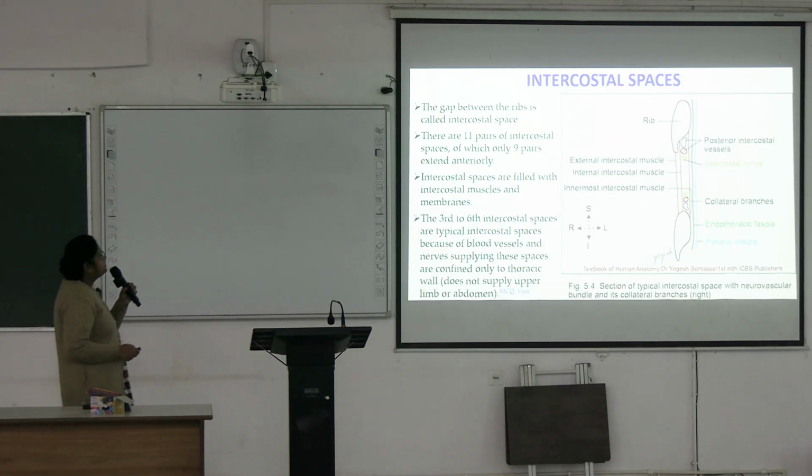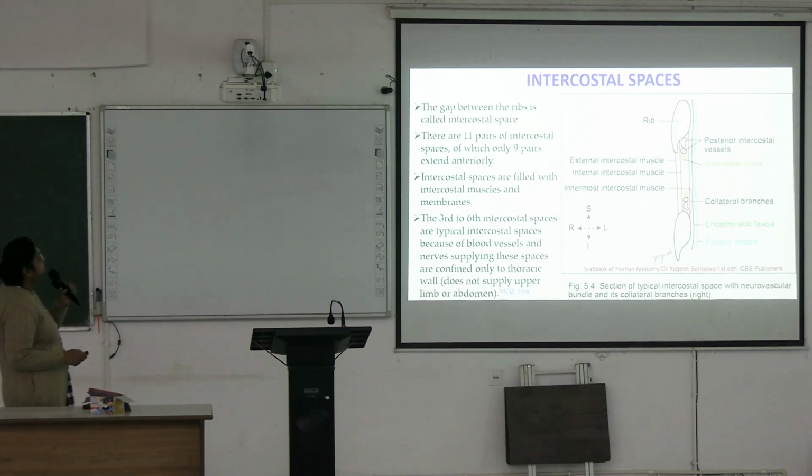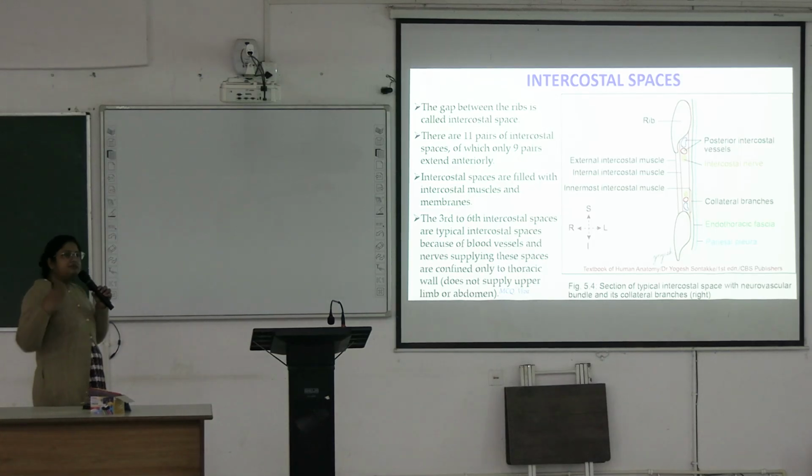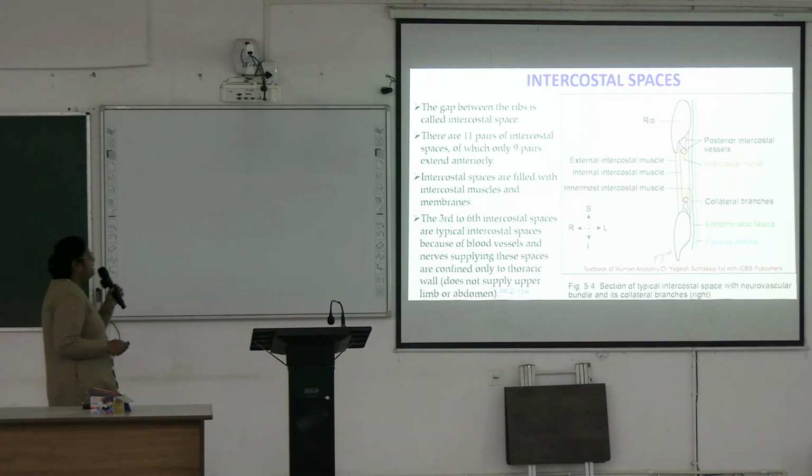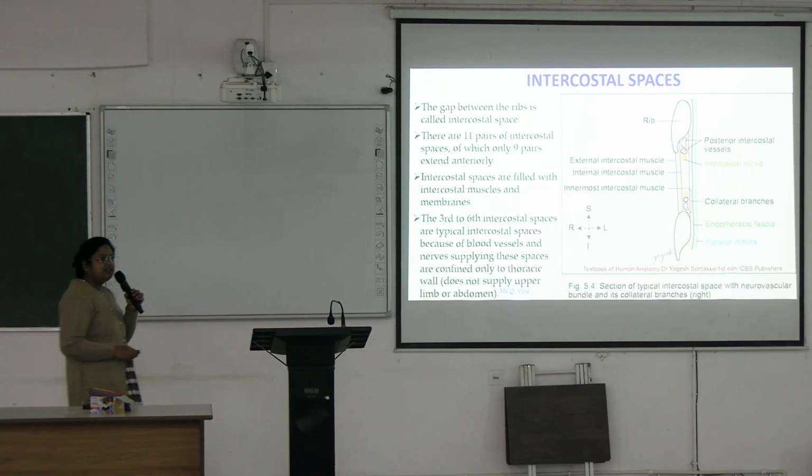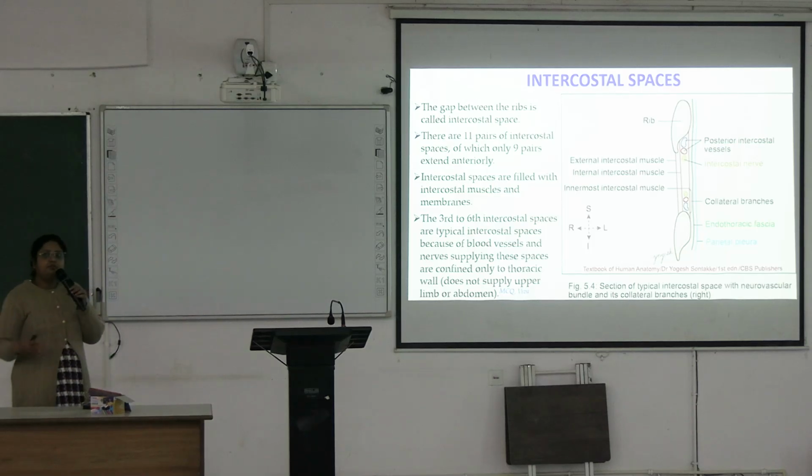So intercostal spaces, the gap between the ribs is called the intercostal space, and there are 11 pairs of intercostal spaces in between the 12 ribs, okay, of which only 9 pairs extend anteriorly. In the lower part they are open anteriorly. In between the 10th and 11th, 11th and 12th, they are open.